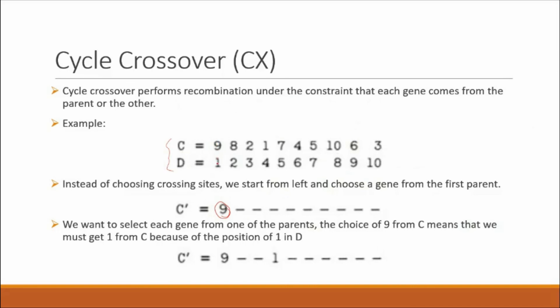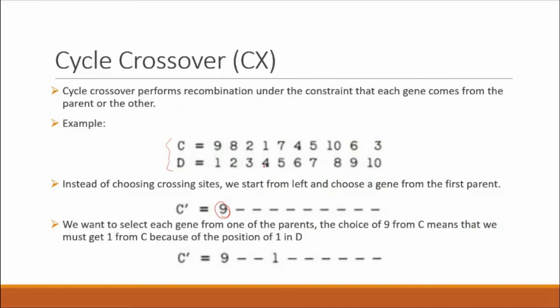So 1 has to be taken from the first chromosome itself, because we cannot take 1 from the second chromosome, because the first position is already filled in. So the 1 is also taken from the first chromosome, and it is placed in that position itself.